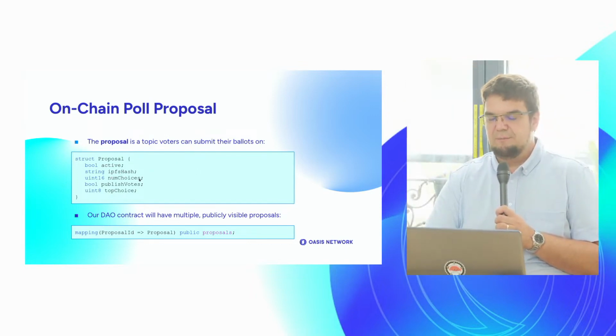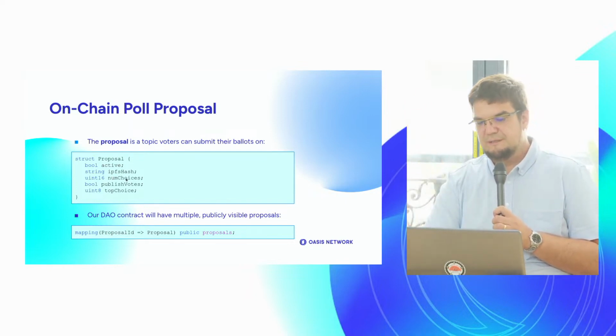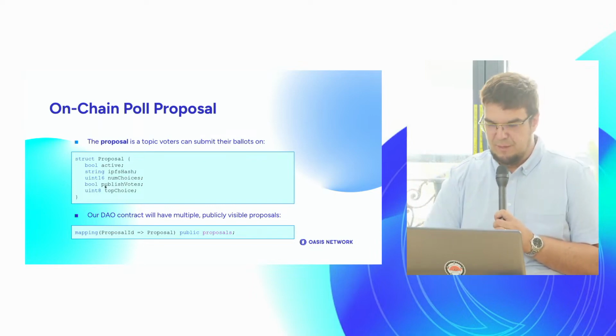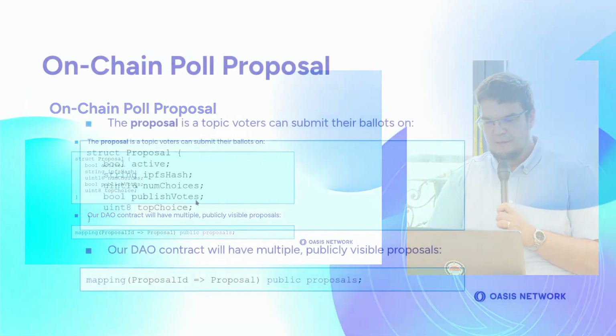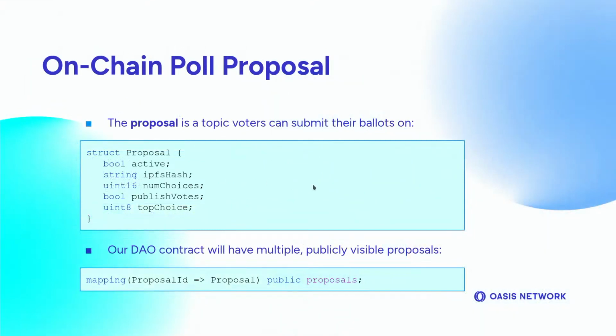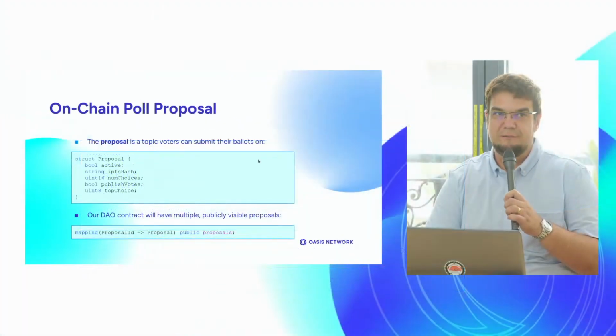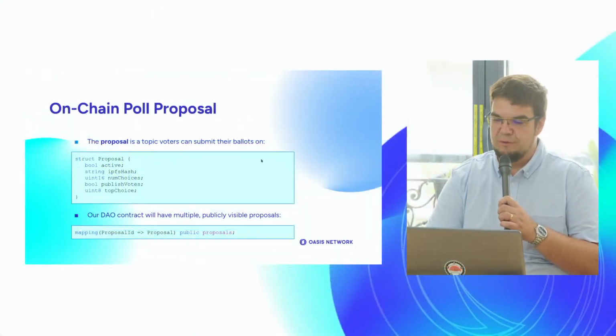The number of choices is simply how many choices the voter has in the proposal, because this is something that will be stored on-chain. The published votes Boolean variable is here mostly to be compatible with, does anyone know the Snapshot platform for voting on project proposals?